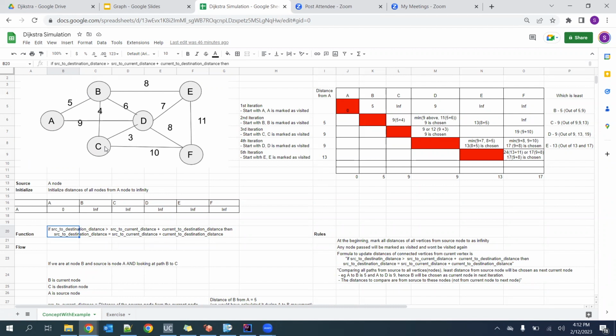So infinity, 5 plus 4 is 9. 9 is less than infinity. So that means the distance of C becomes 9 in that case. So this is the main formula, correct? So it should be less than, actually. I made a mistake. It is less than, correct? So we should mark this here also as less than.